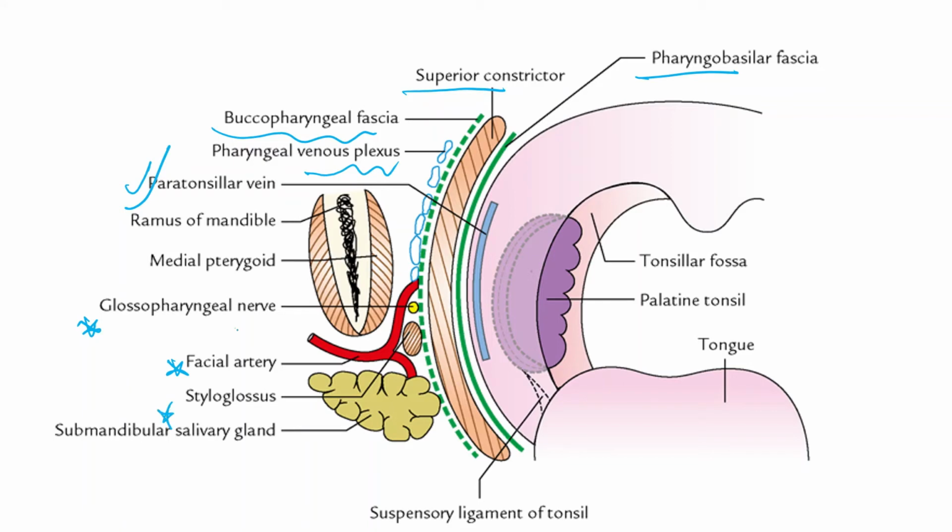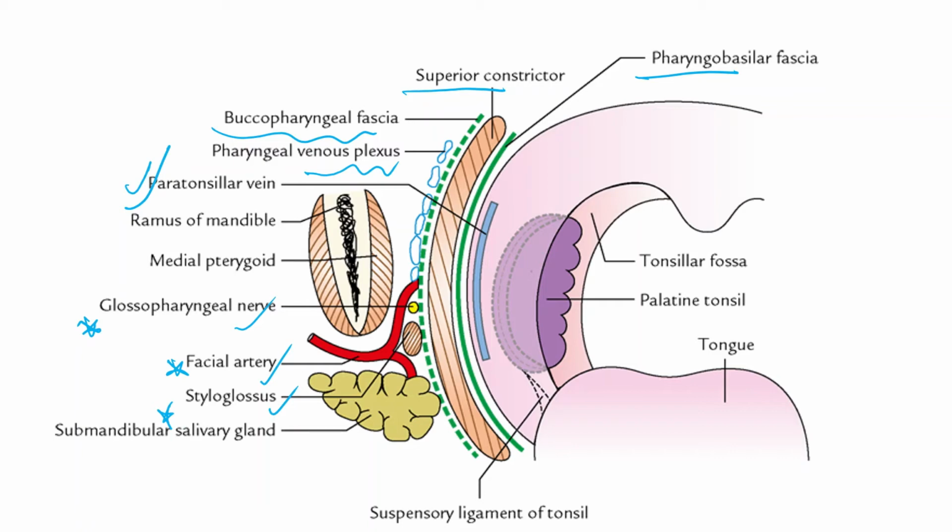These three structures make up the inferior relations of the lateral surface. So this is all about the relations of the lateral surface of the palatine tonsil.